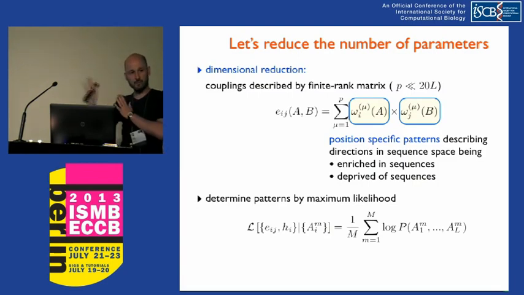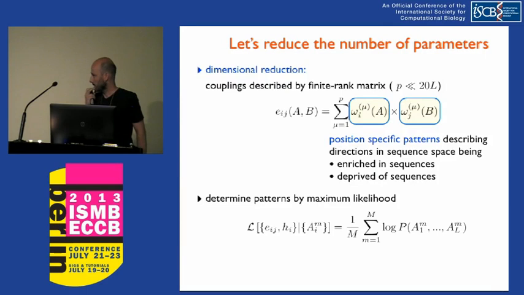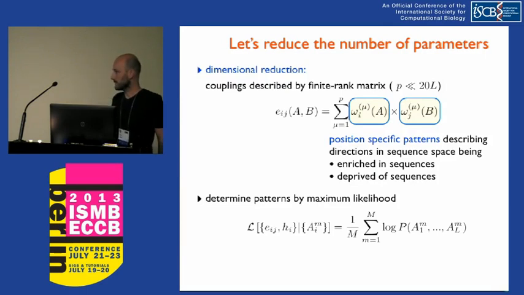Actually they describe directions and patterns in sequence space, and they can describe either the directions which are enriched in sequences or those which are depleted of sequences. And actually the depleted ones are the ones which are more important for structure prediction. But I can't go into this.